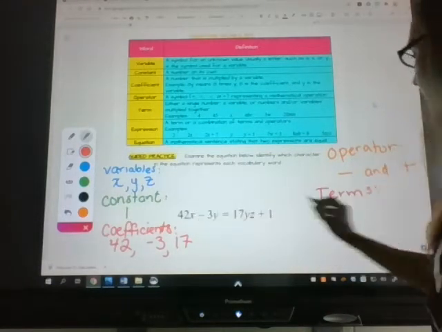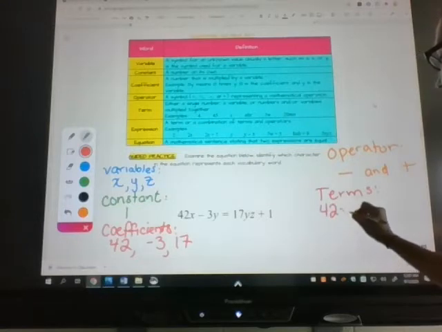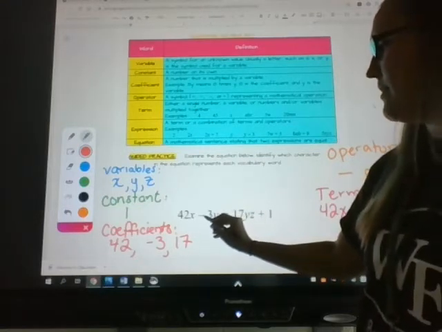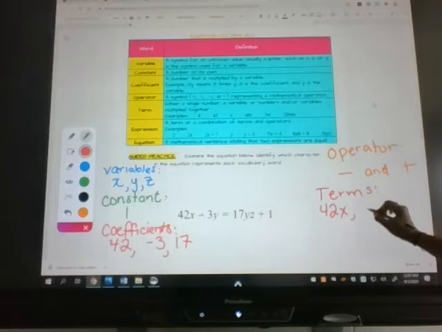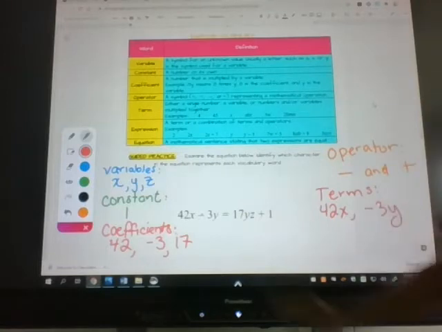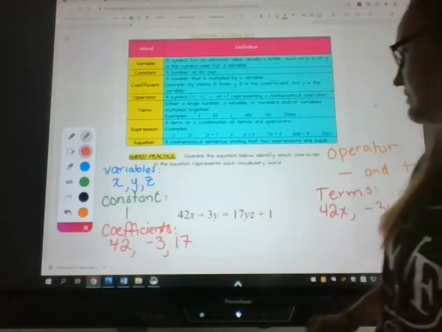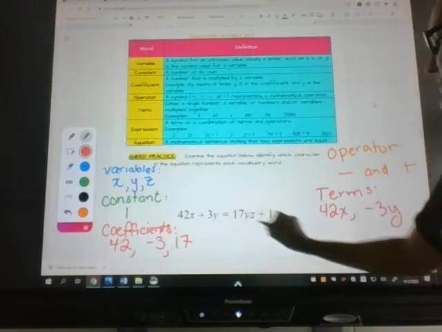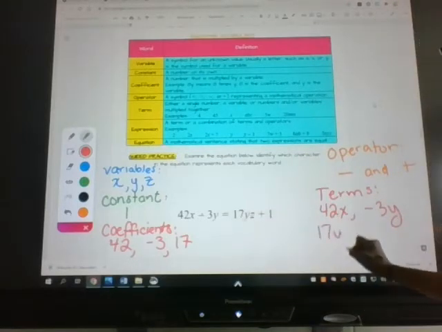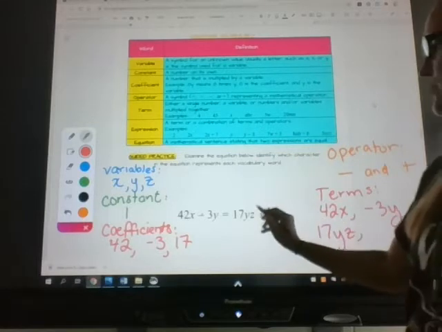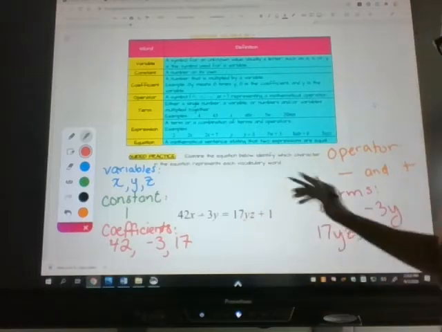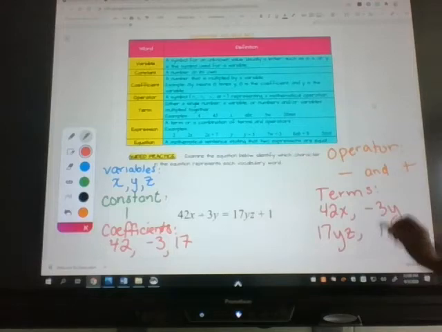We have 42x, and we have -3y. So there's two terms over here. On the right-hand side of the equation, we also have two terms. We have 17yz, so this is one term, and then we have another term over here, the +1.